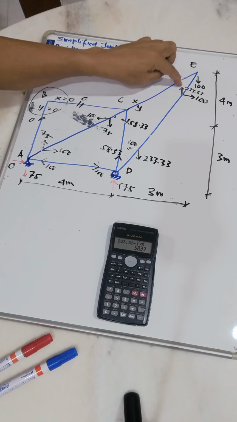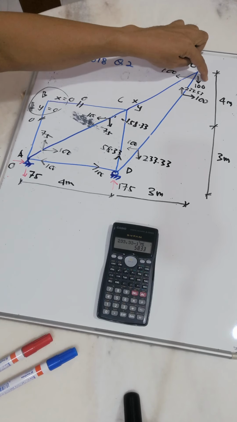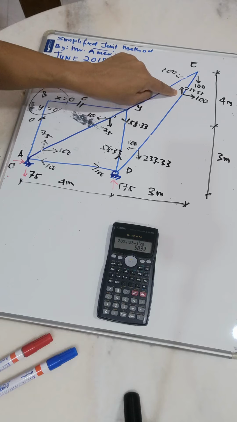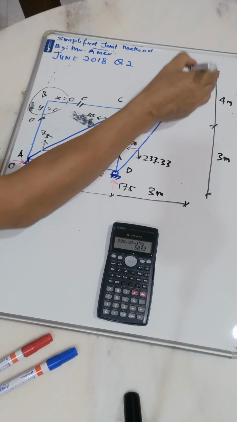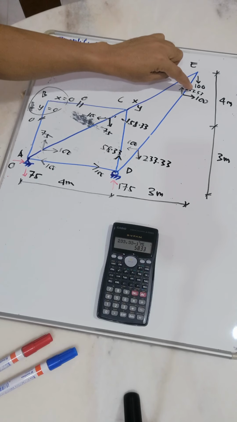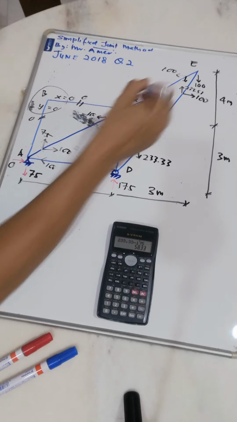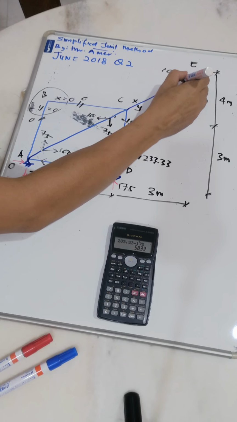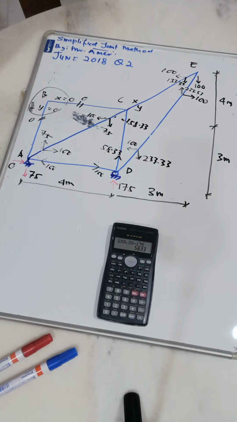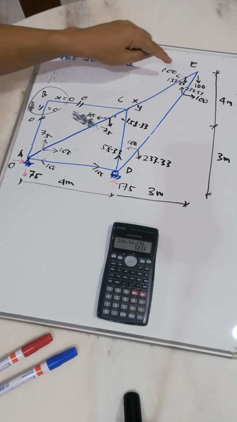For Y, you have 100 downward and 233 upward, so you must balance by downward 233 minus 100, so this is 133.33. Okay, settle joint E.